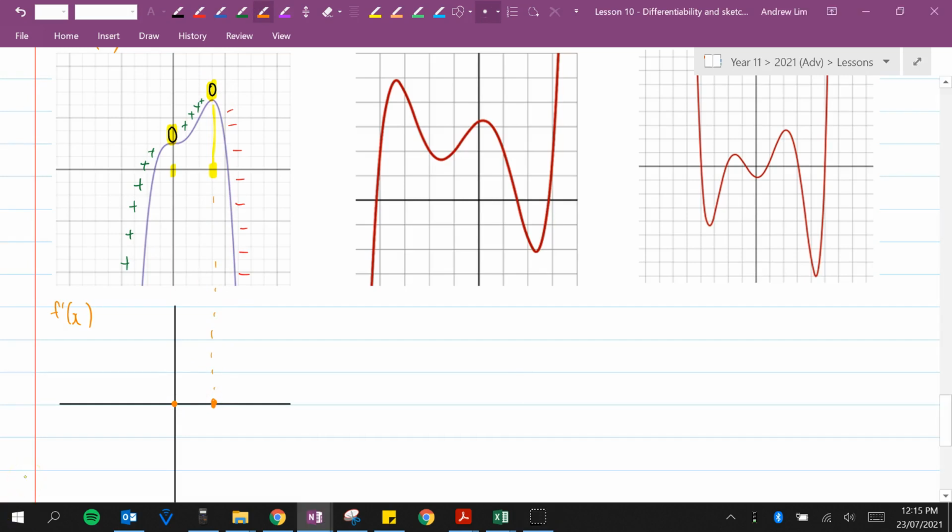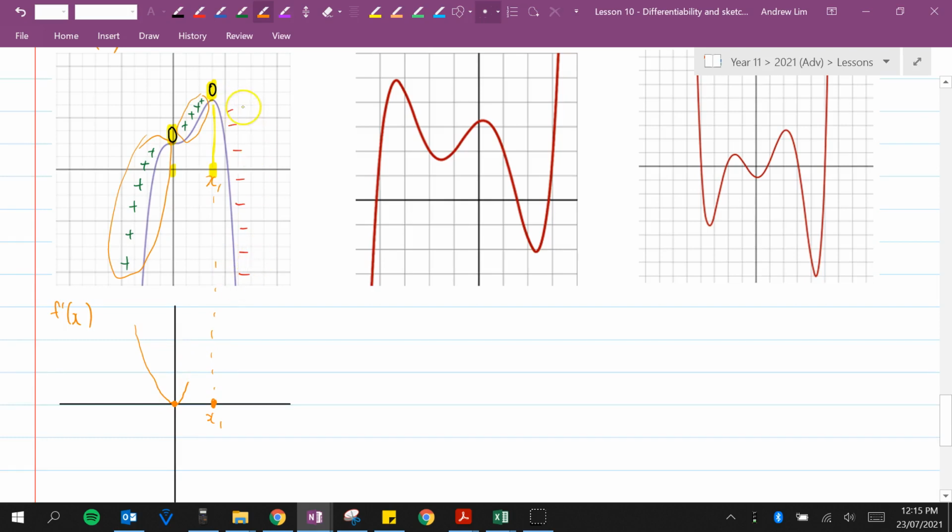Now, to the left of x equals 0, it's positive, so it's above the x-axis. To the right of 0, but to the left of, let's call this x1, is also positive. So that means it's above the x-axis.